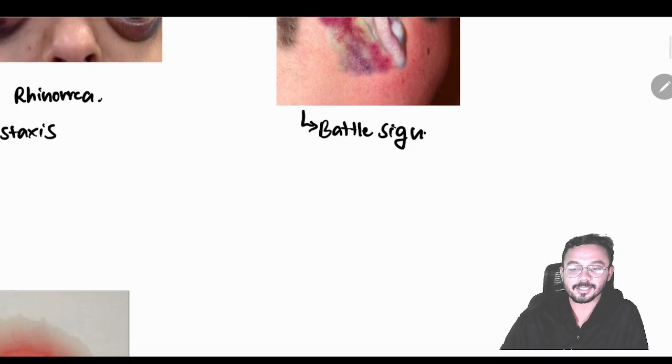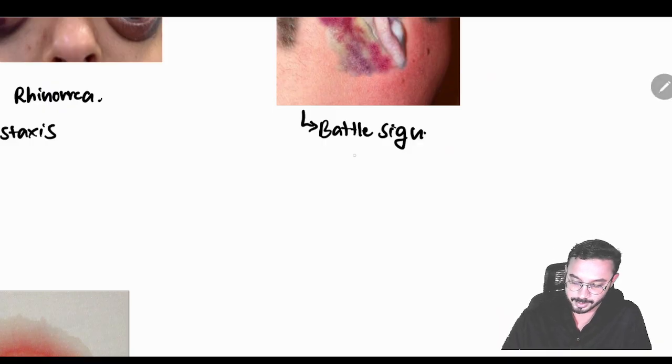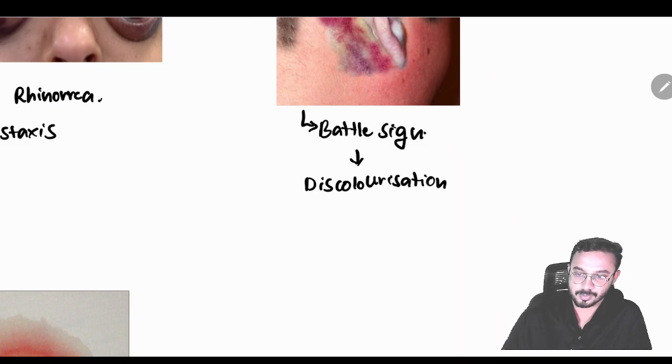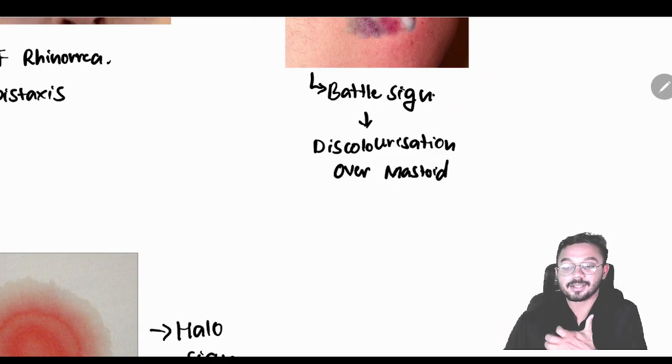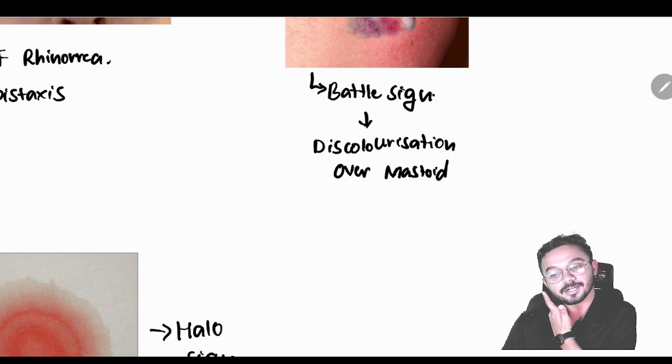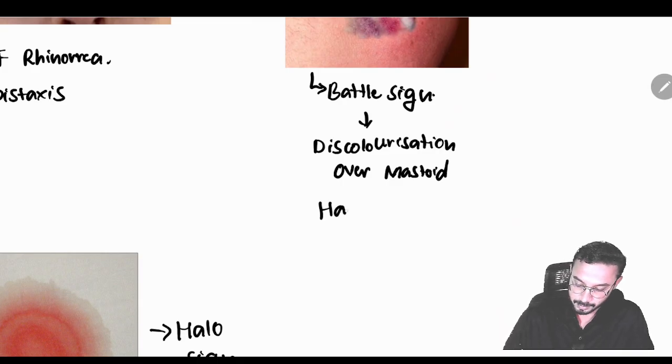What do we mean by this? It is nothing but discoloration over the mastoid region. And accumulation of blood behind the eardrum is known as hemotympanum.